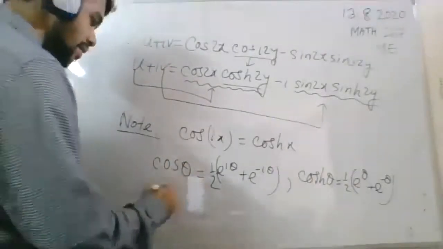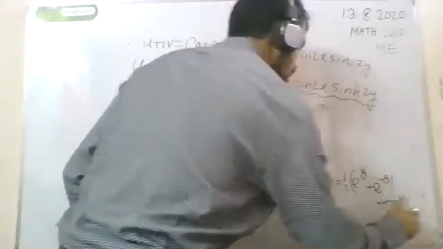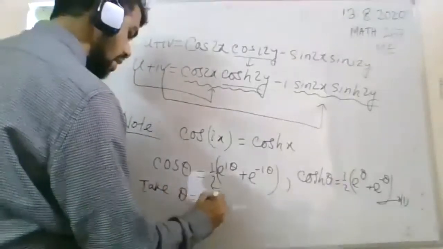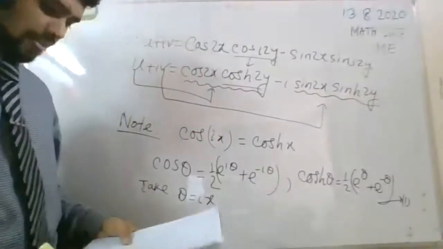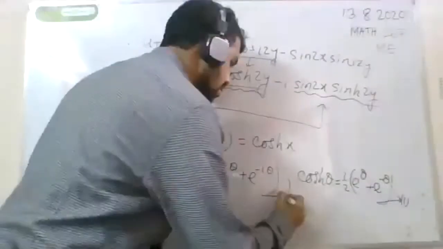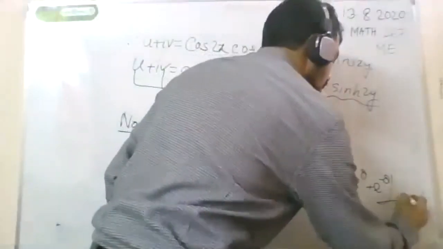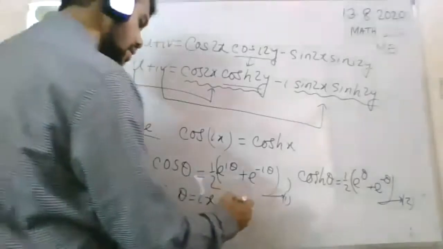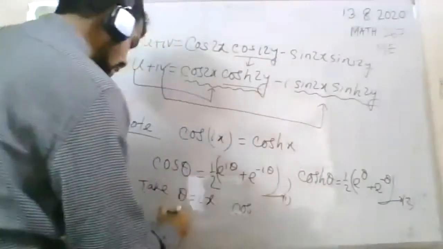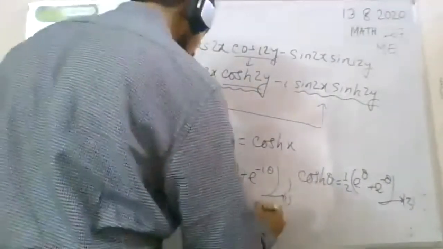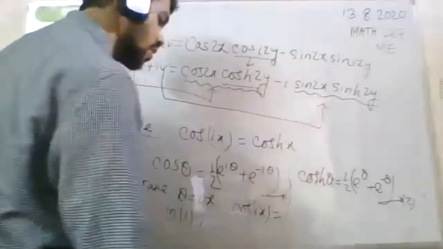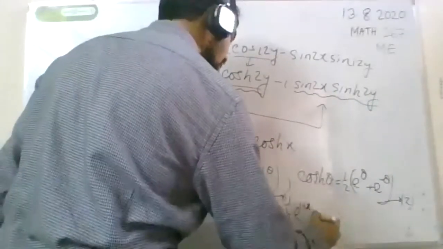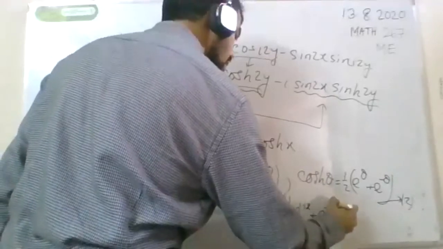Now just take theta equals ix in 1. Then you can get cos ix equals 1 by 2 e to the power i into ix plus e to the power minus i into ix.